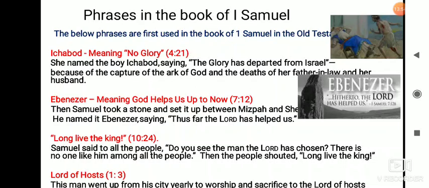This means the helper. God helps us up to now. Chapter 7 verse 12. Long live the King. Chapter 10 verse 24. Lord of hosts. Chapter 1 verse 3. These phrases are first used in the Bible in the book of 1 Samuel.